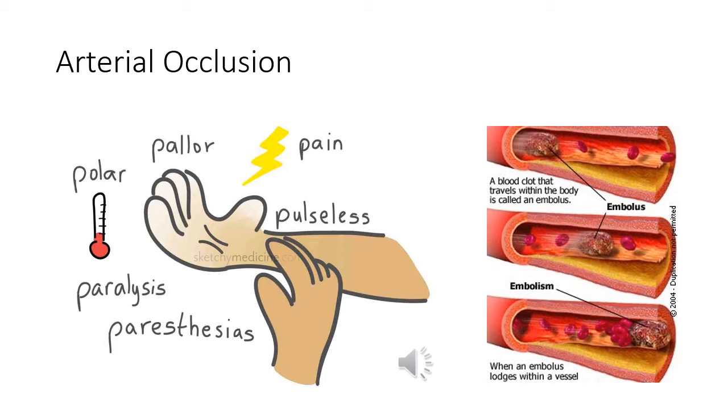It can be treated with TPA to bust the embolus, or heparin is also another means of treating this. So this is not an incredibly common vascular problem, but just a brief little summary on it here for you.